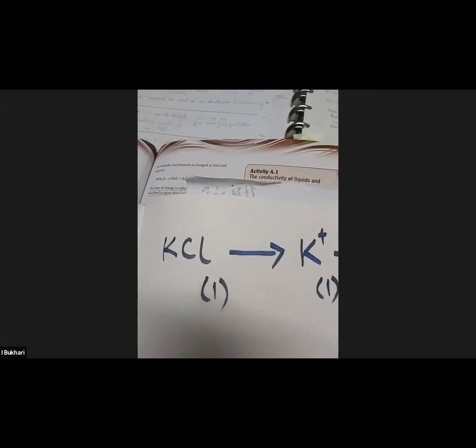Look harder, it's chloride. Potassium is being reduced and chlorine is being oxidized. Aisha Zahid. Okay. Potassium, what did you say? Potassium is being oxidized.